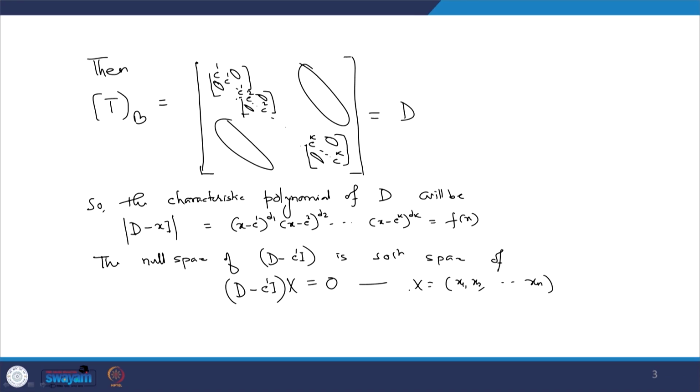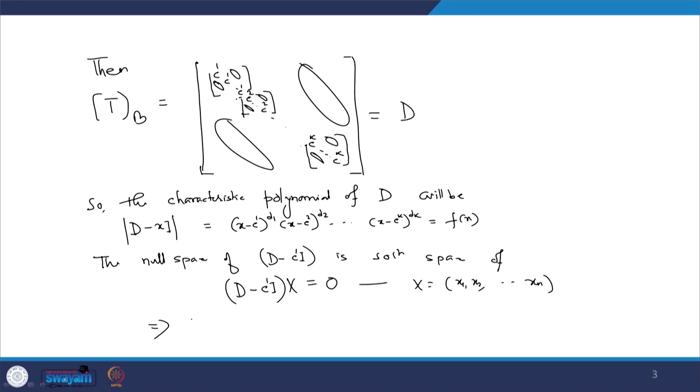So, x1 to xd1 I am not saying anything, but apart from xd1 plus 1 to xn all will be 0. So, this implies I am getting exactly d1 number of free variables in the solution of (D minus C1 I) x equal to 0.